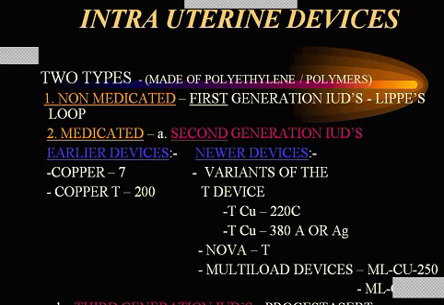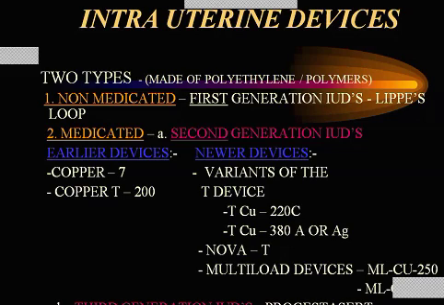Non-medicated intrauterine devices are also known as first generation IUDs. And medicated devices are classified into two types, second generation and third generation. They are called medicated because some metal ion is added or hormones are added to the device.